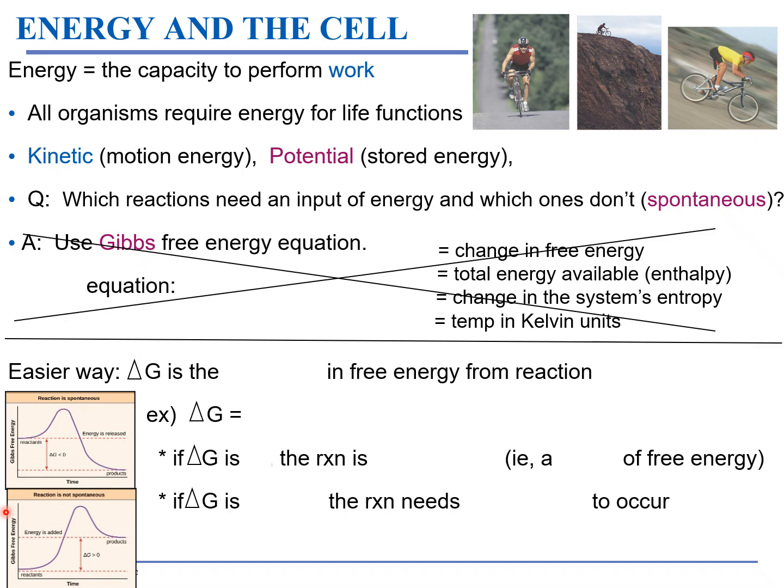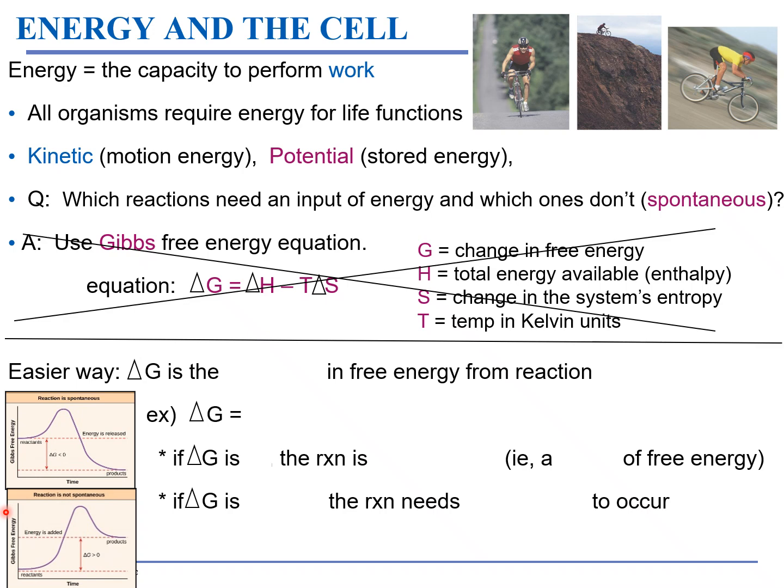So G is the change in free energy you have. H is the total energy that is available. This is known as enthalpy. And then S is the change in the system's entropy. And then T is the temperature in Kelvin units. So a lot of bio formulas will have Kelvin.